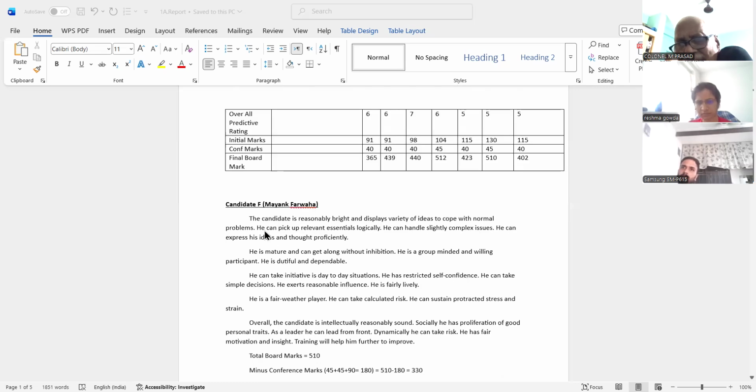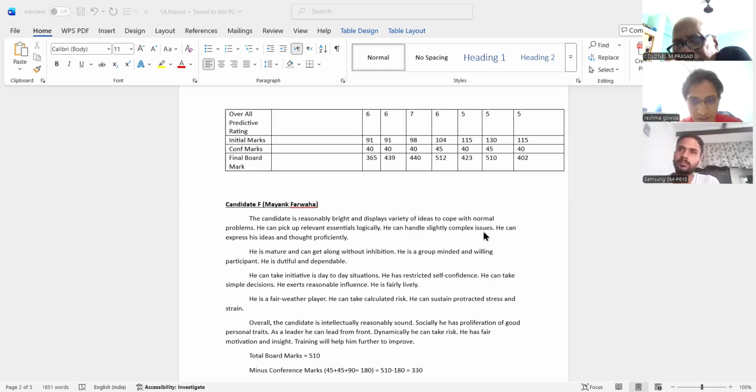Now in this case, read it now. The candidate is responsible, bright, and displays a variety of ideas. So this is EI, effective intelligence. Go ahead. He is mature and can get along with innovation. He can pick up relevant essentials logically. He can handle slightly complex issues.